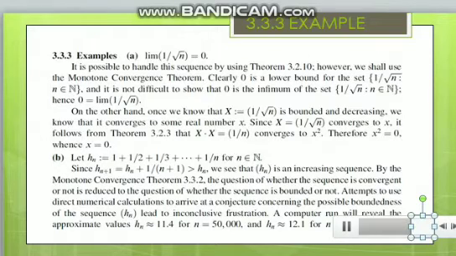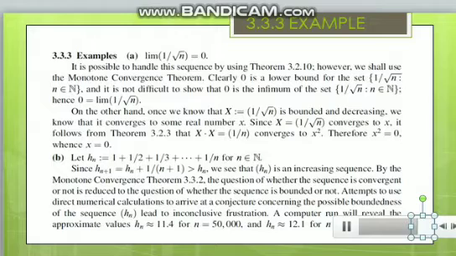Attempts to use direct numerical calculation to arrive at a conjecture concerning the possible boundedness of the sequence Hn lead to inconclusive frustration.